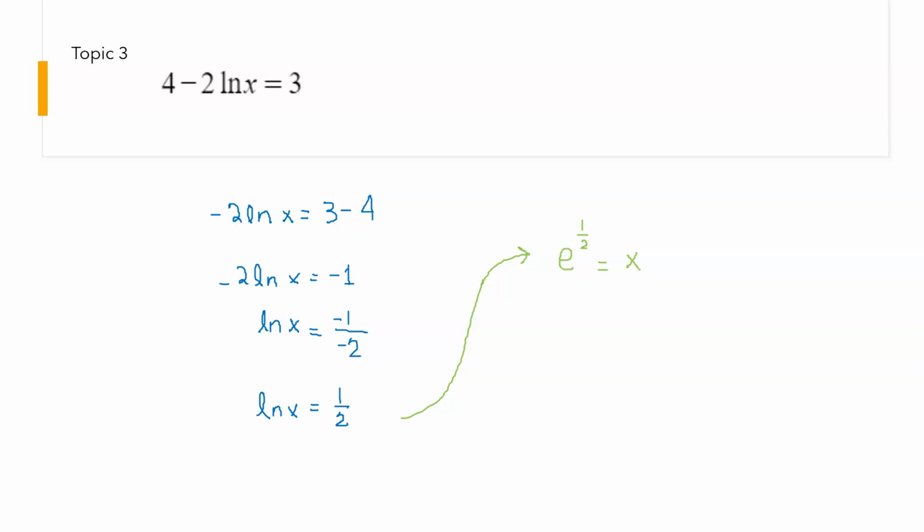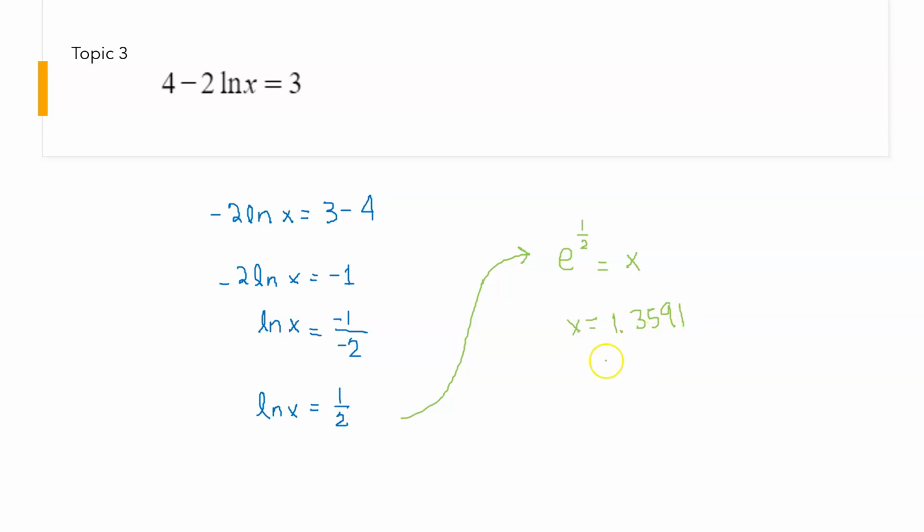And if you are asked to obtain the value, you can use the calculator to do e to the 1/2. And e to the 1/2 equals 1.6487.